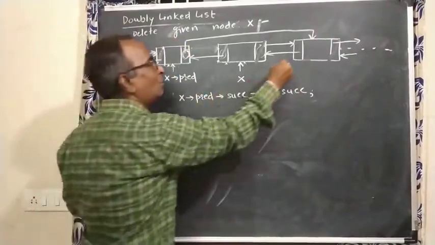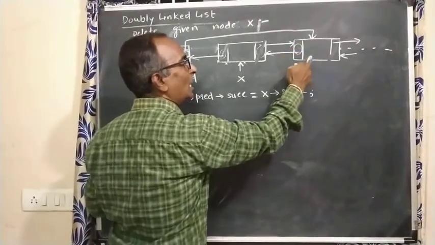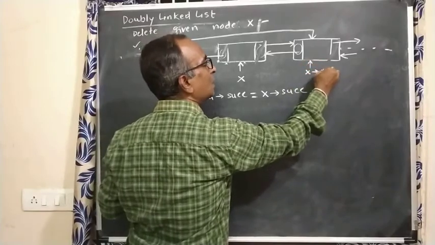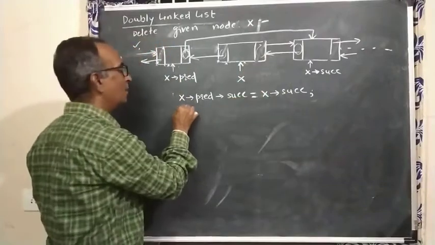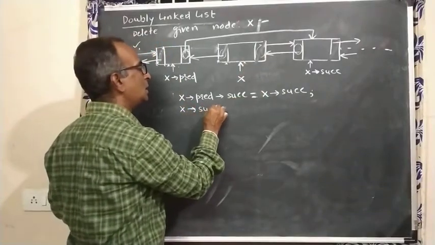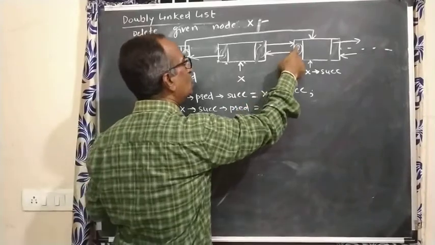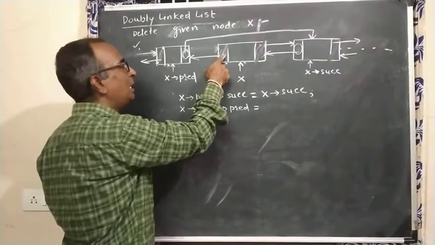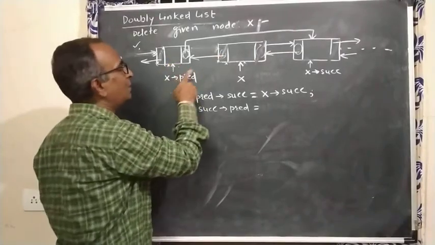Now I have to set this field. How to access this field now? I should have this node's address. What is this node's address? X's successor and its predecessor field. X's successor and its predecessor field you are accessing. This should point to this node. What is this node's address? In X's predecessor, we have seen.